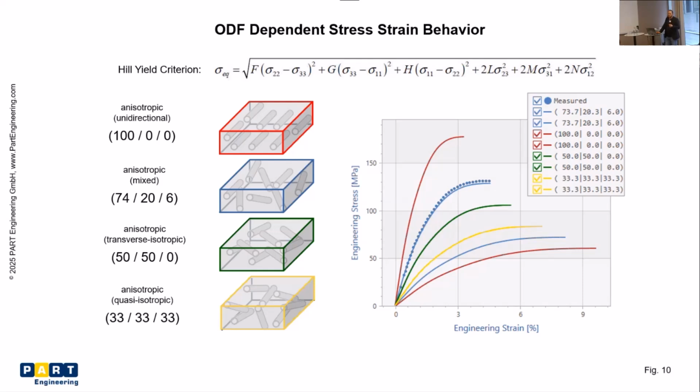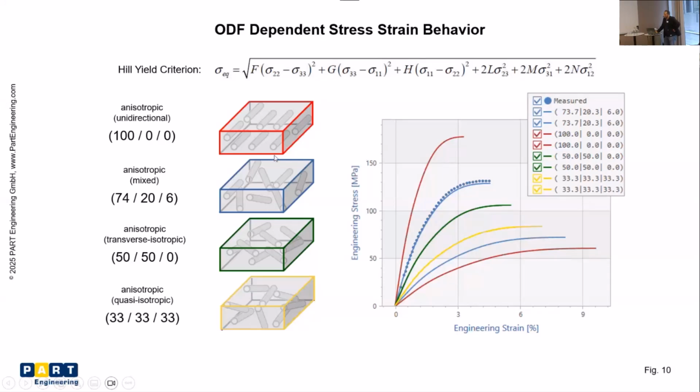You always have a certain distribution in it. And this distribution is always different depending on the position in your part, and even over the thickness it is varying. So what you can have is all the way from a unidirectional one, where you have really all the fibers in one direction, like displayed here, all the way to a completely random one, where the fibers are completely random, and therefore, of course, this one reacts very differently than this one.